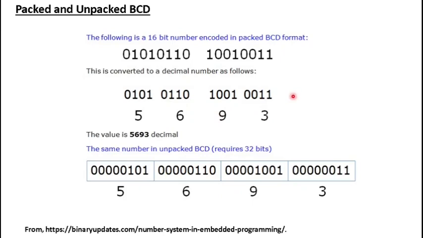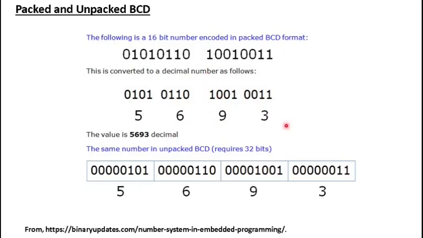So considering BCD, we have two ways of representing BCDs. One is the packed representation, the other is the unpacked representation. Suppose that I need to represent this number 5693 in BCD. In packed representation, each digit will be represented in 4 bits individually, a nibble.